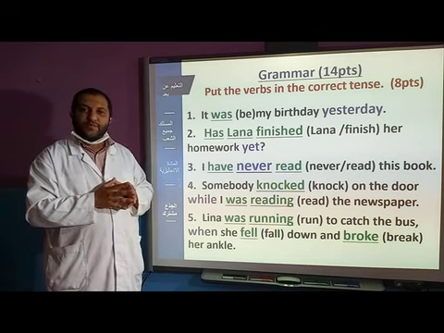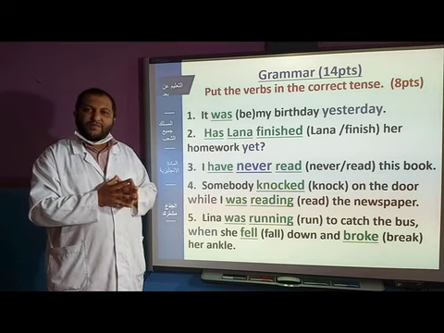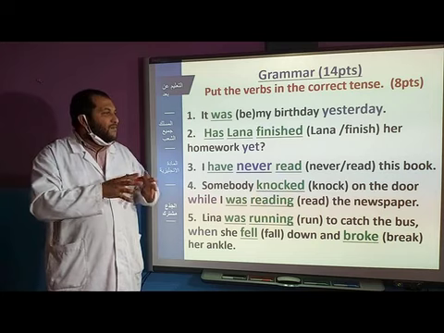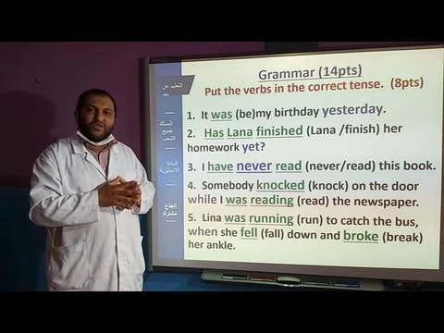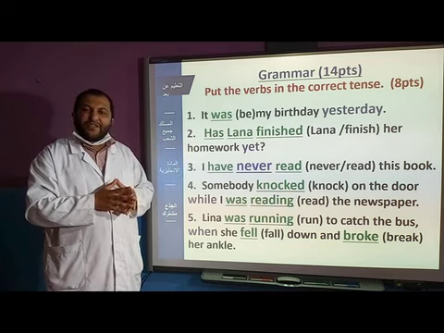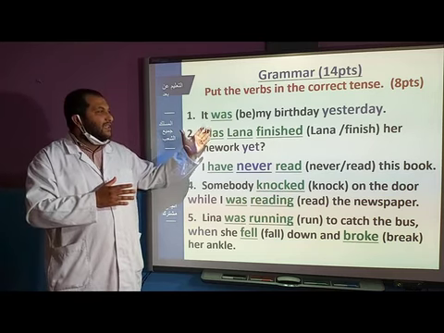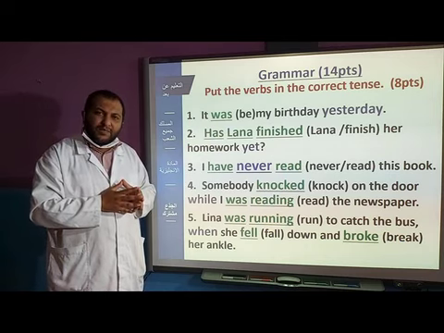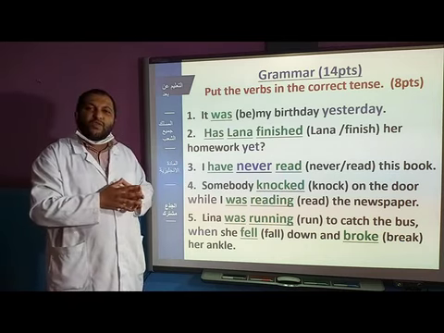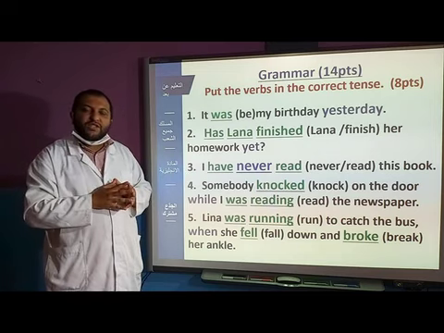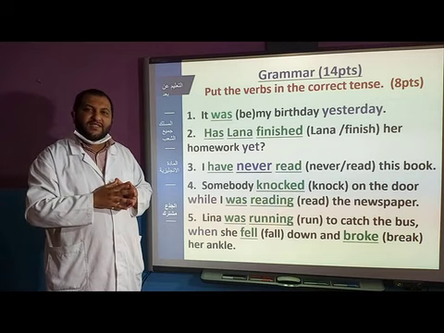Number 2, because we have a question, we should start with the auxiliary. But which tense are we going to use and why? Let's see. Has Lana finished? Has plus subject followed by the past participle. This is the question form of the present perfect. But the most important question, why present perfect?